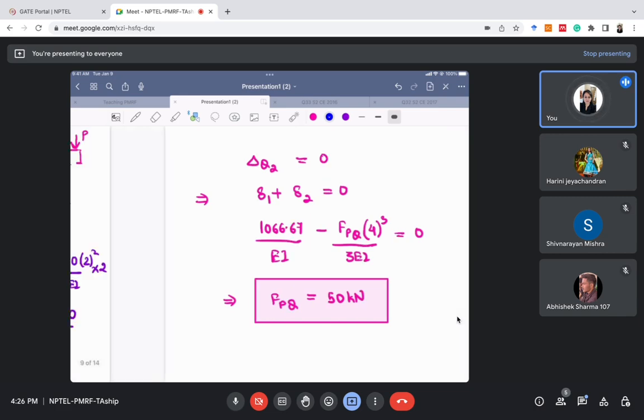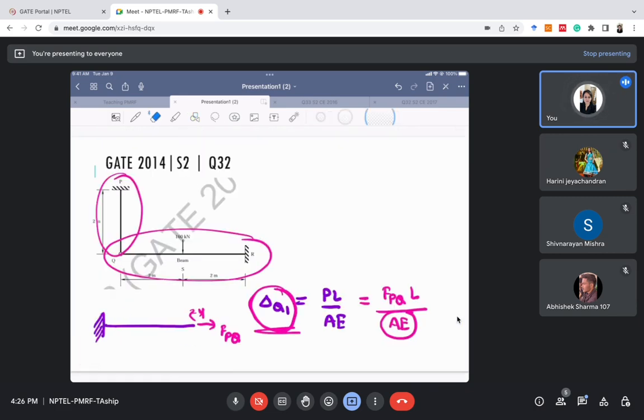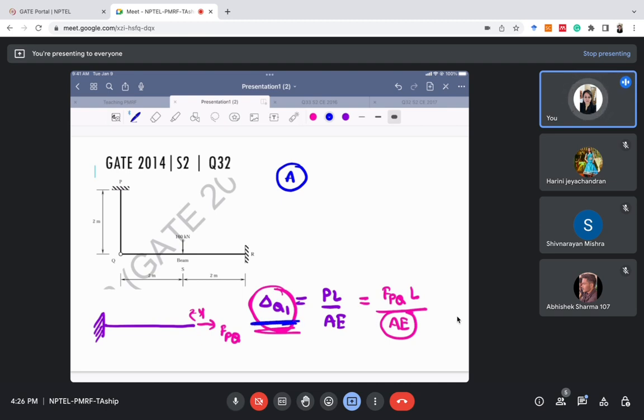You see, this problem requires so many things you should know. First thing you should know is, if they haven't given the value of A, it means that I cannot find delta Q1 here. It means that they want us to know that the axial deformations are small, so we can neglect them.